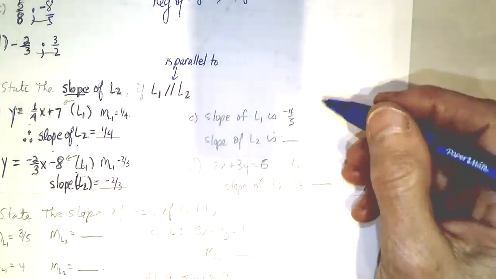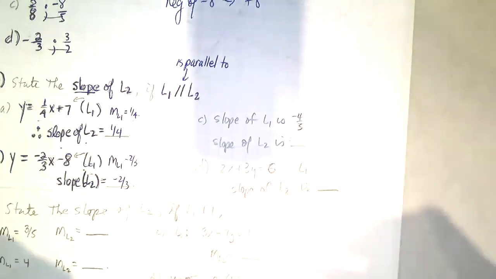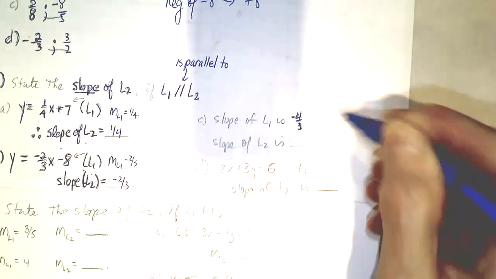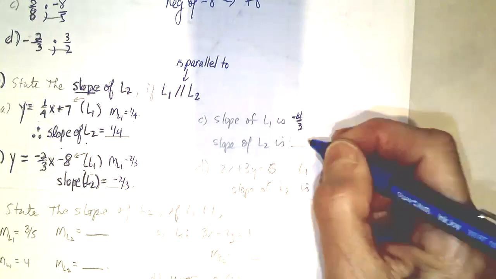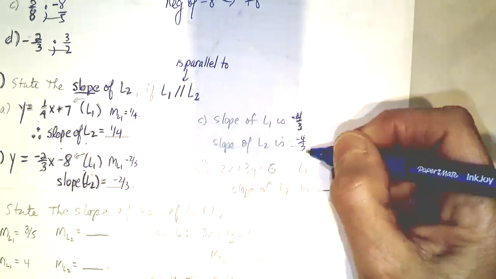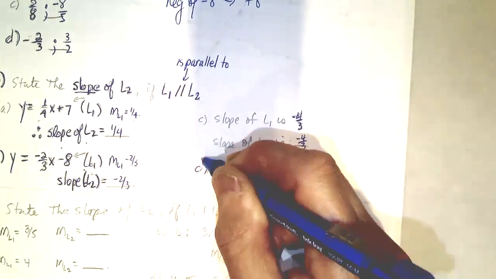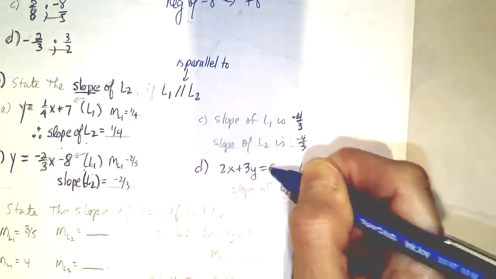So in this question, no matter how I give you the information, if you know one of their slopes, you automatically know the other one's slope. If the first line has a slope of -4/3, then the slope of the second line is -4/3. In the final example, I'm going to be a little sneaky and take you back on a little bit more review.